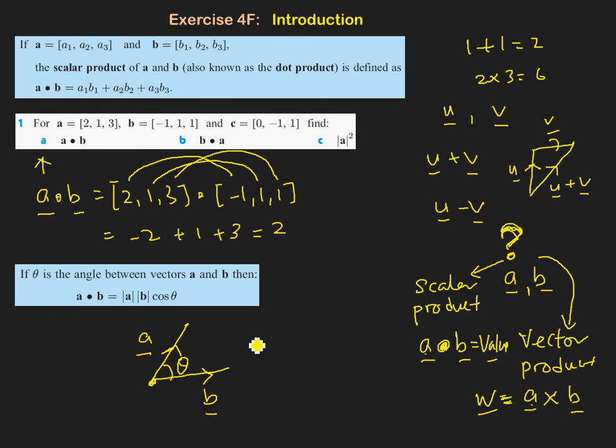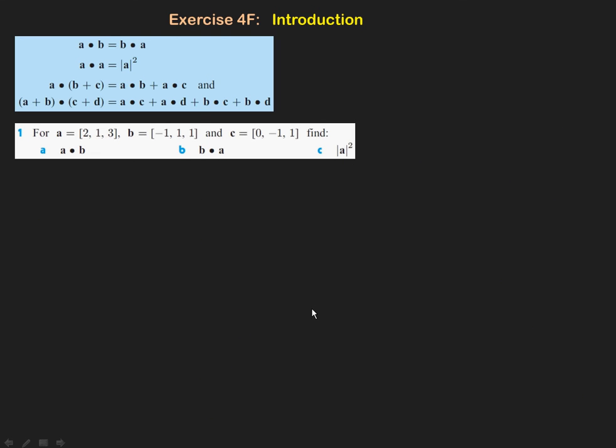Moving on to look at more properties of the dot product. The first one is the commutative property: A dot B is equal to B dot A. Immediately we put that into action. Let's do part B, so B dot A. Do we need to perform the operation again?